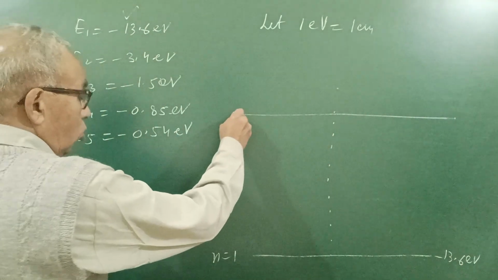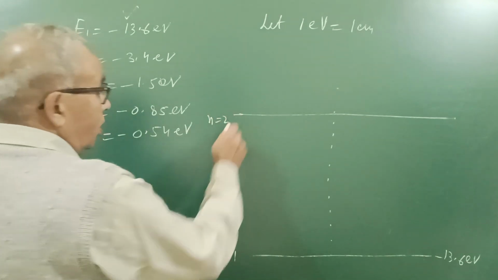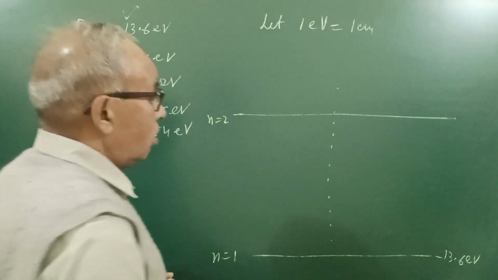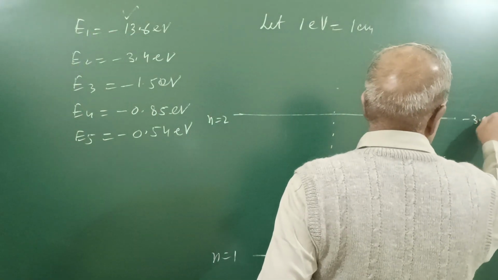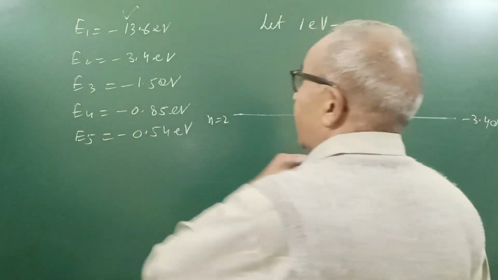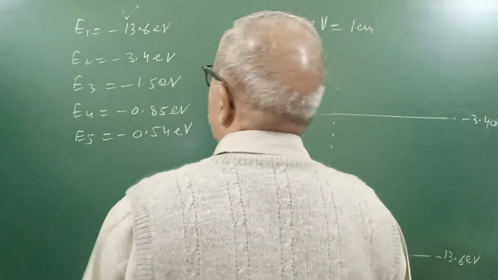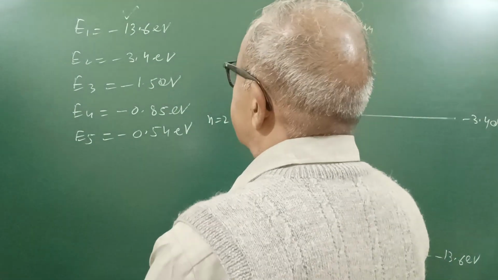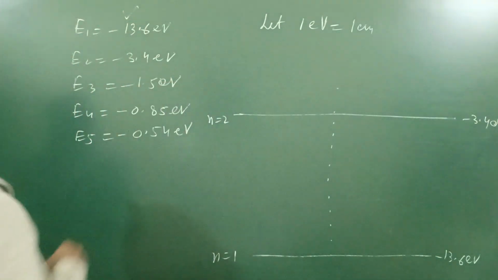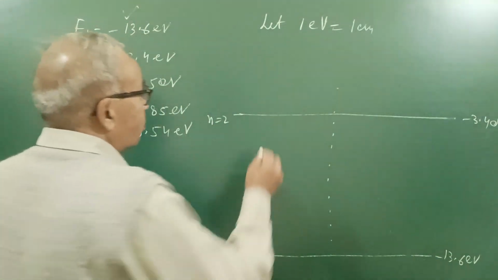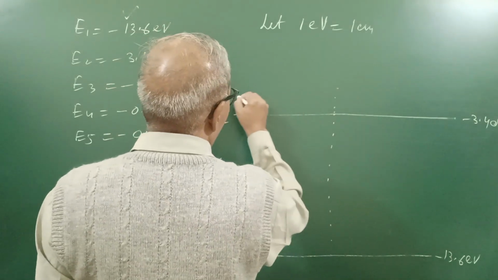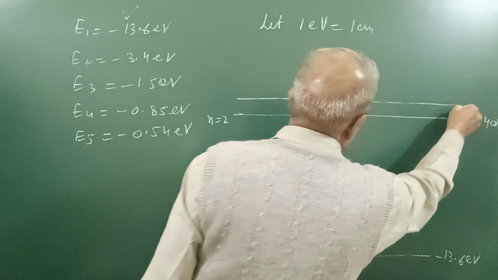So this value of energy will be according to second orbit of H atom, minus 3.4 electron volt. Then the difference is only 1.9, nearly 2 centimeter. So the gap is reducing.